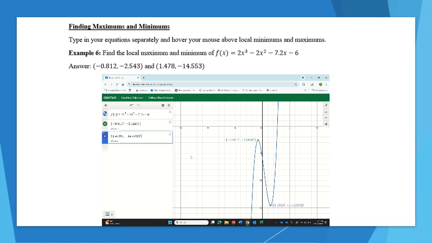So we should have a local maximum at negative 0.812, comma negative 2.543, and a local minimum at 1.478, comma negative 14.553, and that should be our two local extrema, one being our local max and the other being our local min.